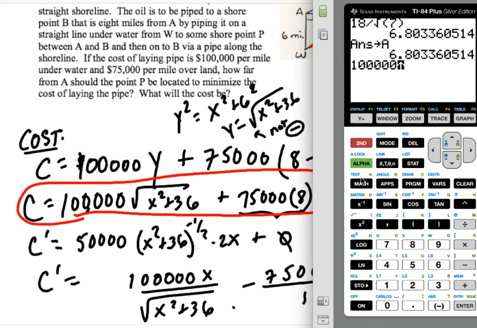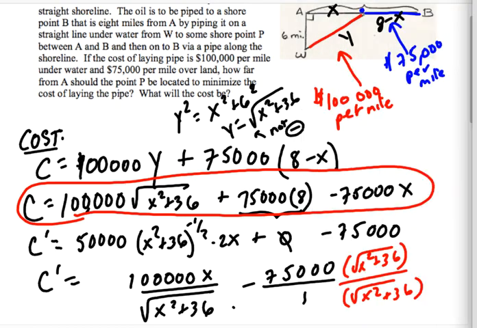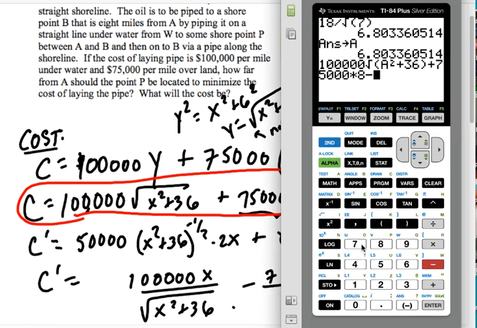And then I'm going to do the square root of, and this is why I saved my A. So A squared plus 36, close that root, right? Plus, and again, no reason not to just call it 75,000 times 8, right? And then minus 75,000x. All right. Oh, sorry, it wasn't x, it was alpha A. My bad. Alpha A. And there we have it.